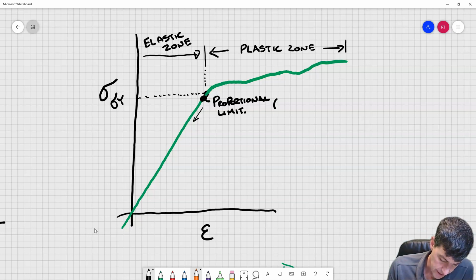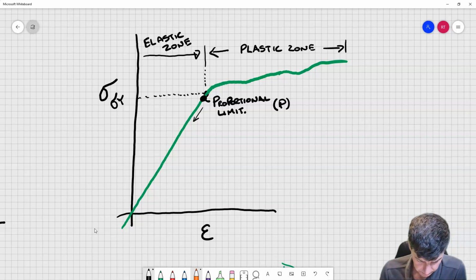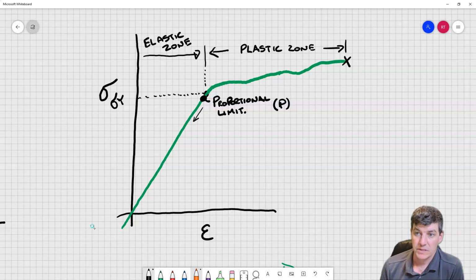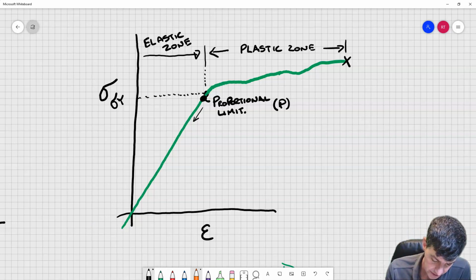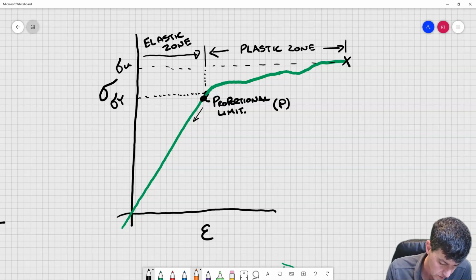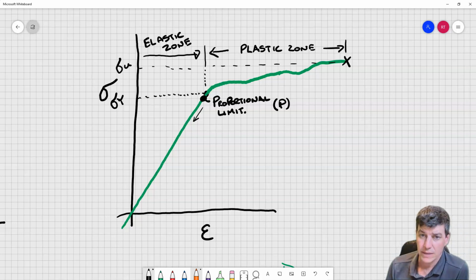Sometimes we might indicate that with a capital P as our proportional limit. As we keep stretching, we're going to get to some endpoint where this thing might break. At the point of failure, we have another stress, which is stress U, my ultimate stress. Sometimes we might call that my ultimate strength as well.